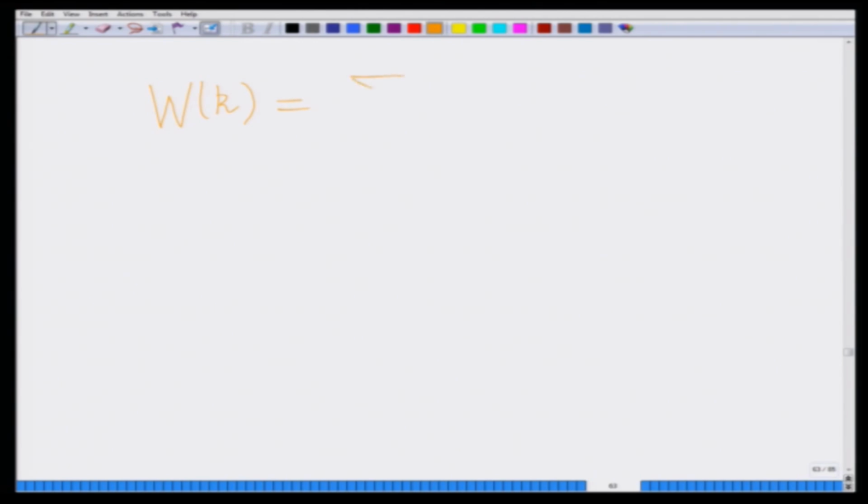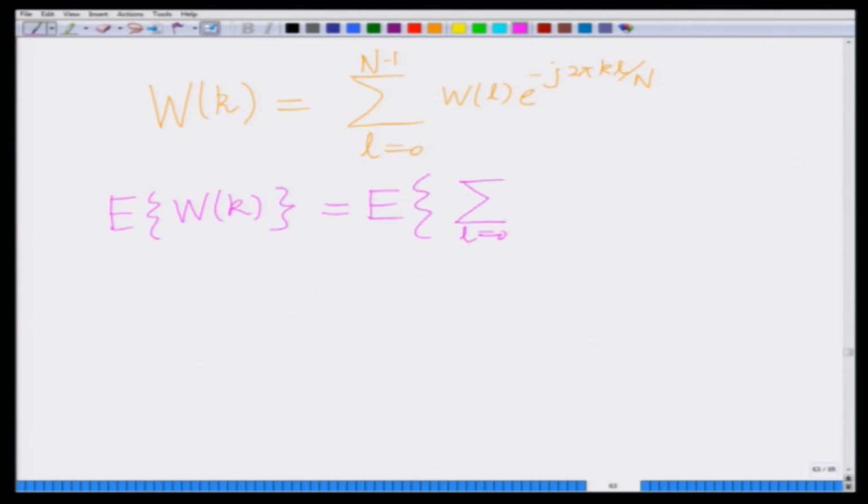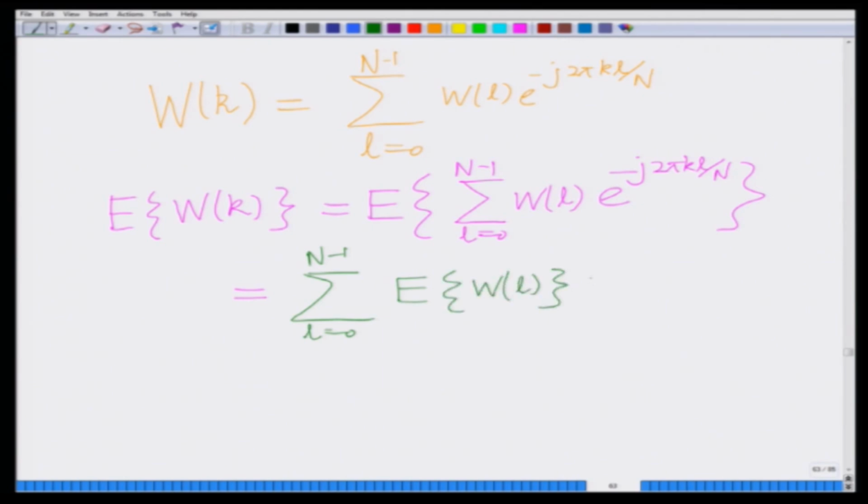If I look at W_k, which is the summation over l equal to 0 to n minus 1 of small w(l) e to the power of minus j 2 pi k l divided by n, I have the expected value of W_k equals the expected value of the summation over l equal to 0 to n minus 1 of small w(l) e to the power of minus j 2 pi k l by n, which equals the summation over l equal to 0 to n minus 1 of the expected value of w(l) e to the power of minus j 2 pi k l divided by n.